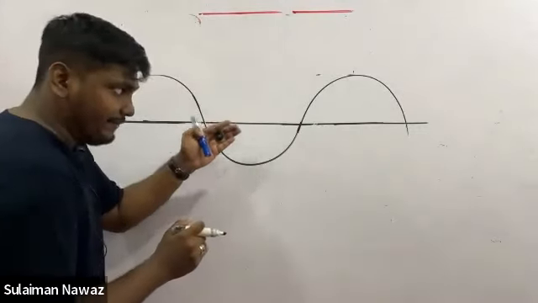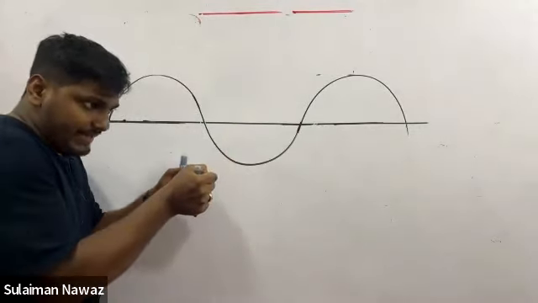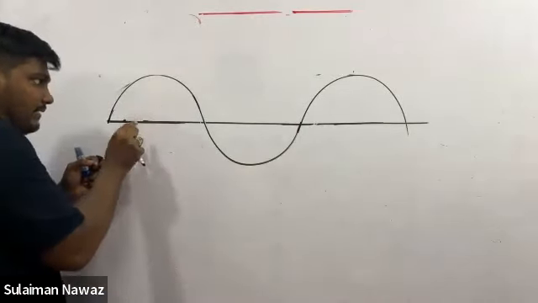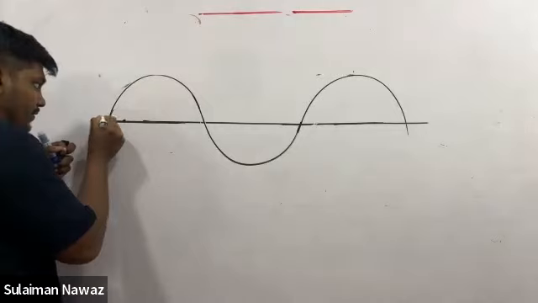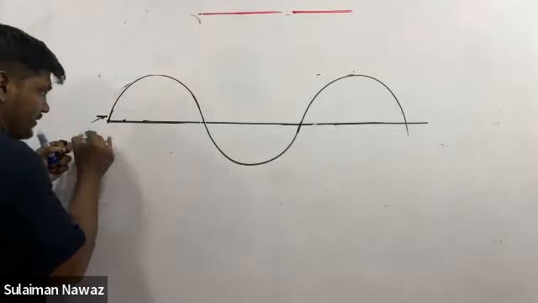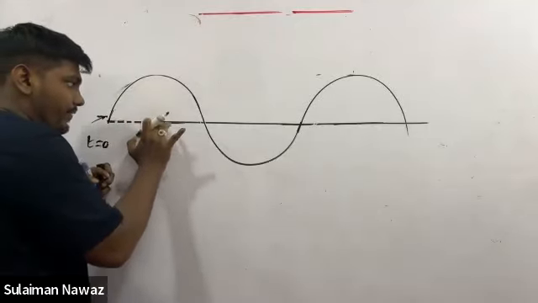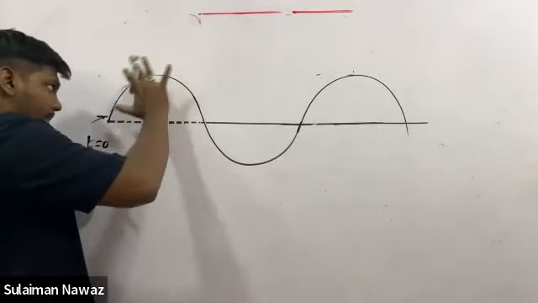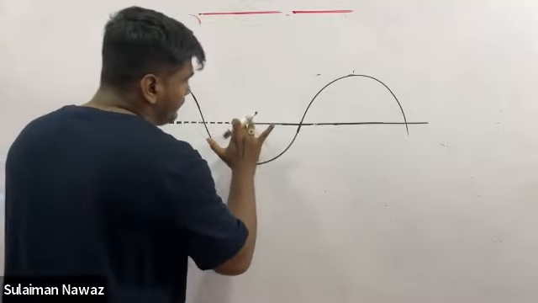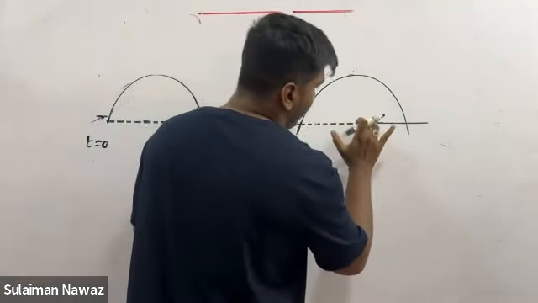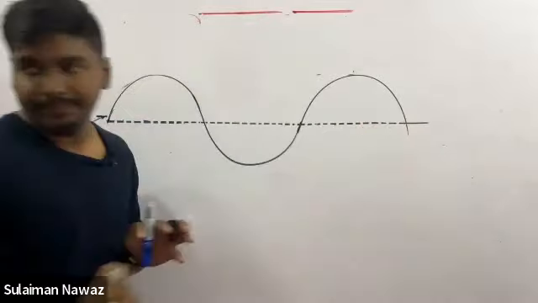This transverse wave is formed when we vibrate a stretched rope, right? At a particular instant, when t equals 0, this is how the wave appears, right? Okay.